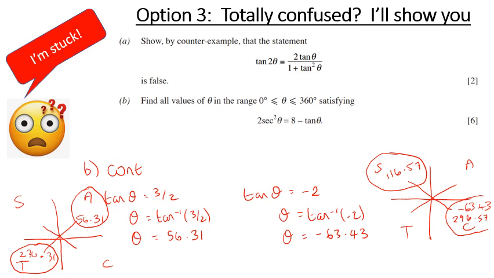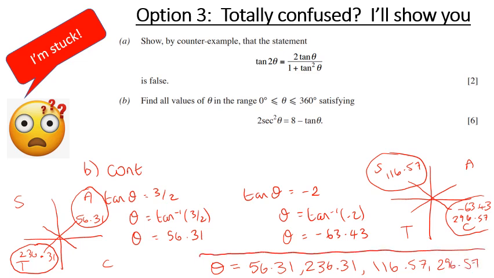So I'm going to make a final list of theta values. Looking at the picture on the left, I've got 56.31 and I've got 236.31, and then from the picture on the right, I've got 116.57 and I've got 296.57. So those are my 4 final answers.